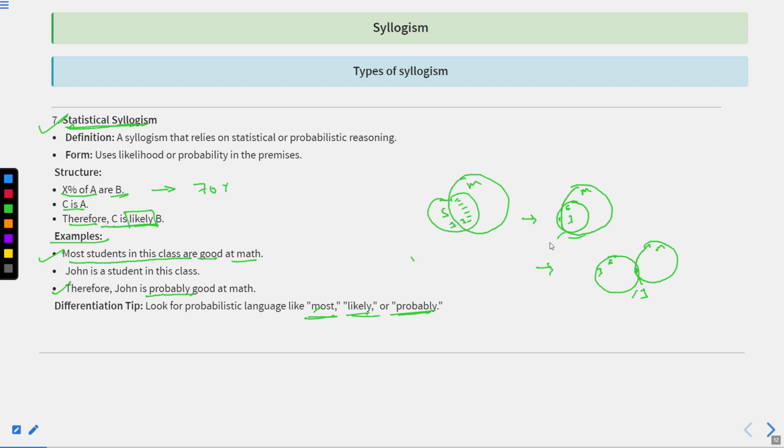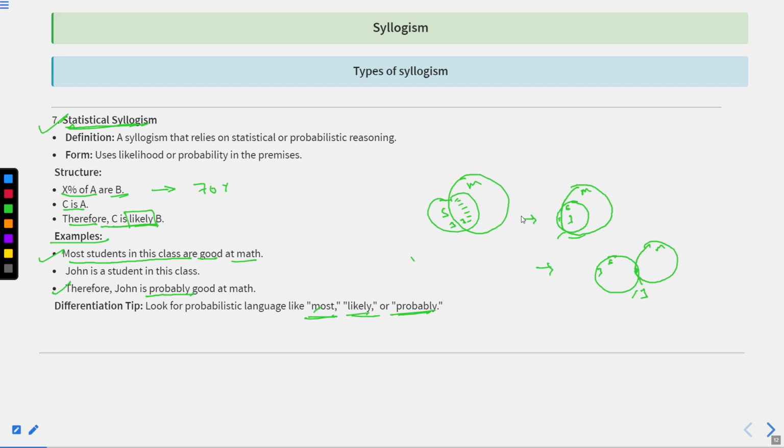So, what we have understood, the takeaway from the understanding of statistical syllogism, is that there is a probability, there is a chance, there is a percentage of acceptance that this can be possible.